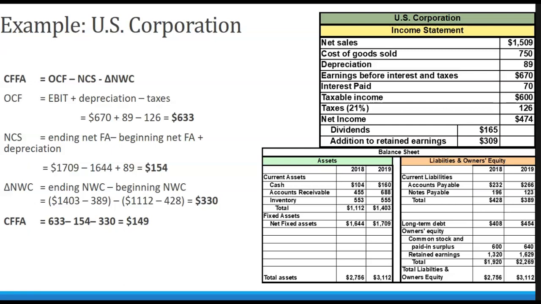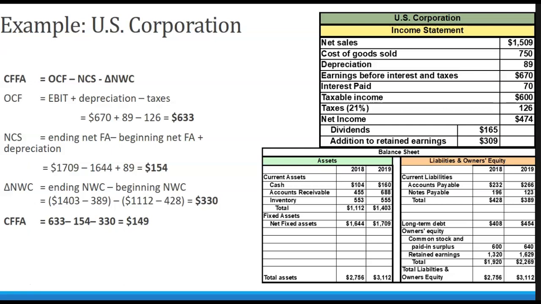So we want ending net working capital, or 2019's net working capital, minus our beginning net working capital, or 2018's net working capital. So we take current assets from 2019 minus current liabilities from 2019, and then subtract current assets from 2018 minus current liabilities in 2018.